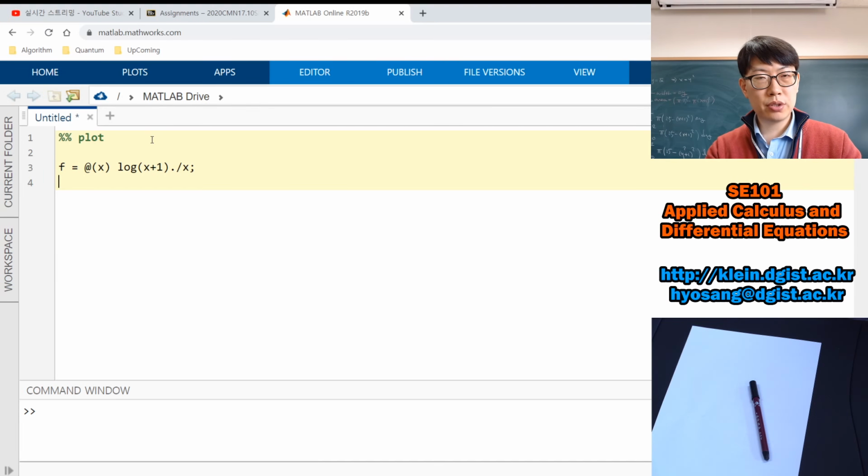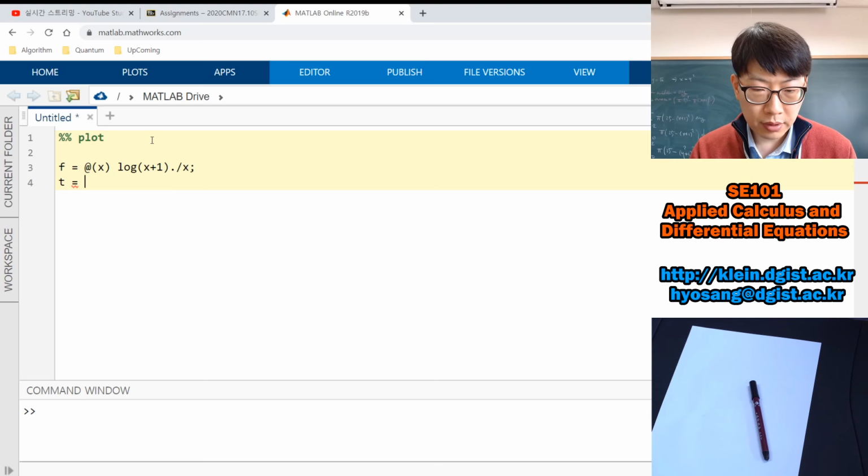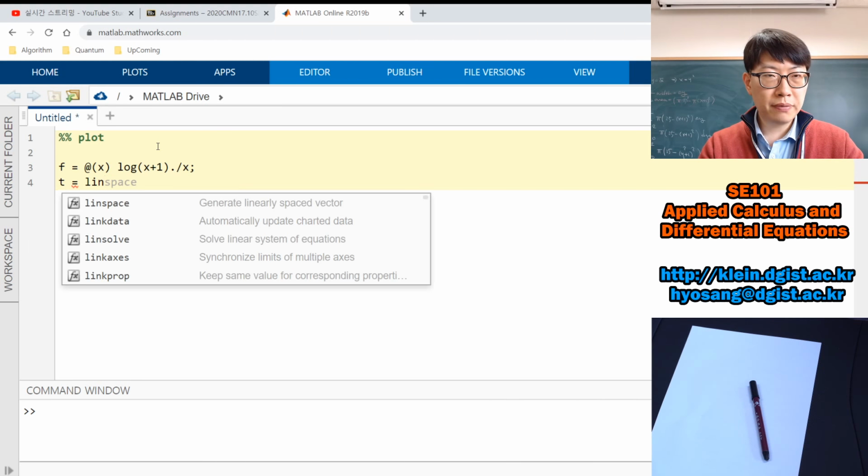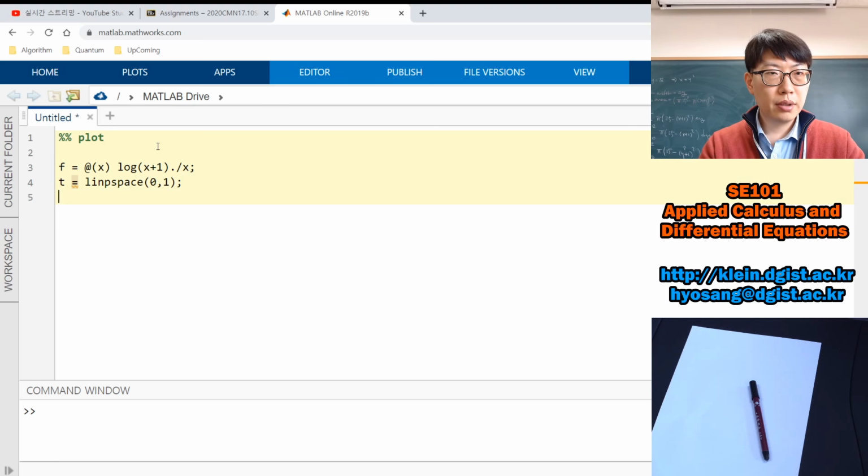Okay, so I define this function as an anonymous function. And when you draw the function, you have to set your array of domain. You have to first define the array of values that lies on the interval of the domain of the function. So for example, I want to graph this function from 0 to 1.